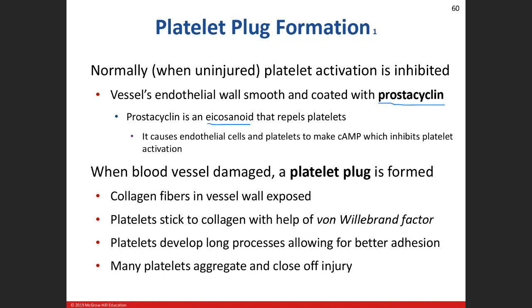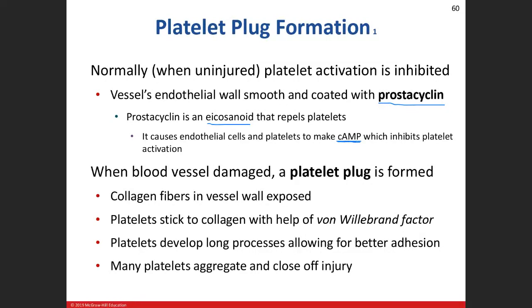Anyways, in a normal blood vessel, these cells will coat their walls with this prostacyclin. And that prostacyclin prevents the platelets from sticking to it. It does so through cyclic AMP. So they make this cyclic AMP, and we saw cyclic AMP in chapter 17 when we were talking about secondary messengers.